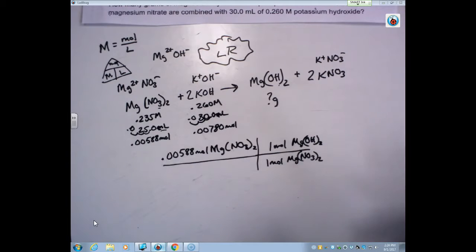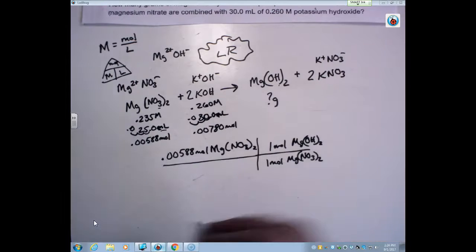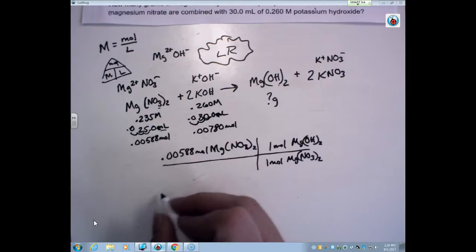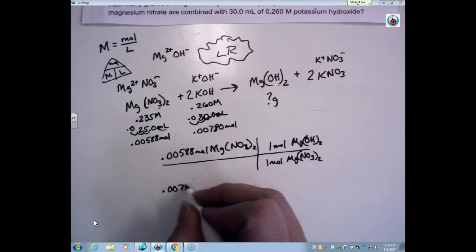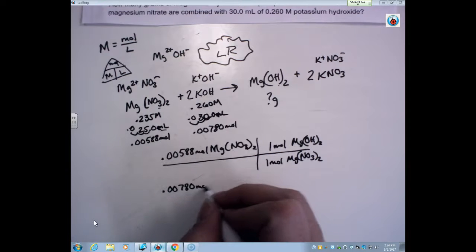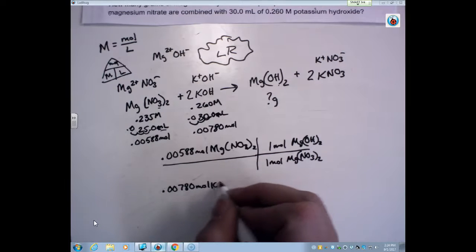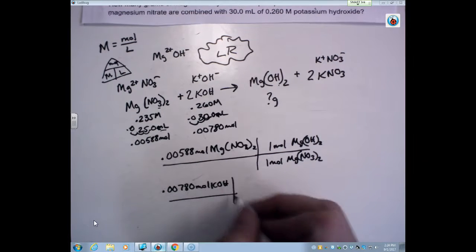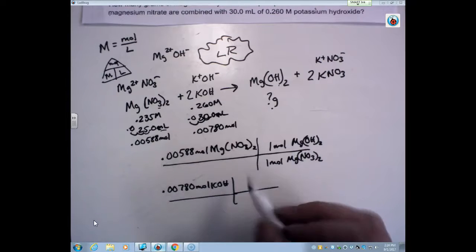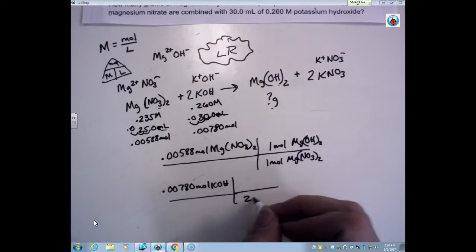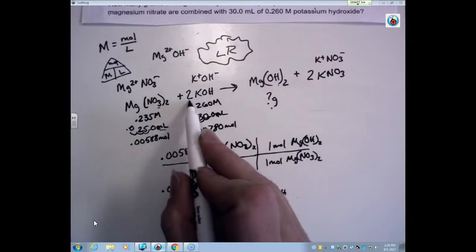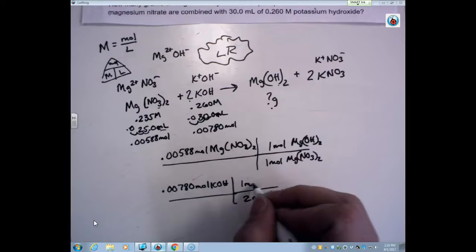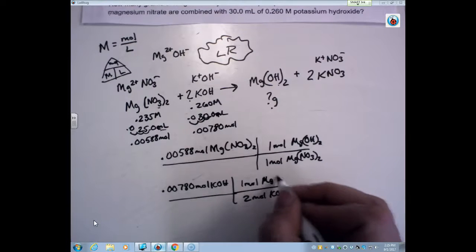Now, I'm going to stop right there, and I'm going to go ahead and start with this amount of potassium hydroxide. So 0.00780 moles of potassium hydroxide. And we're going to do the same thing and go to magnesium hydroxide. So 2 moles of potassium hydroxide, because of our coefficient here, is 1 mole of magnesium hydroxide.